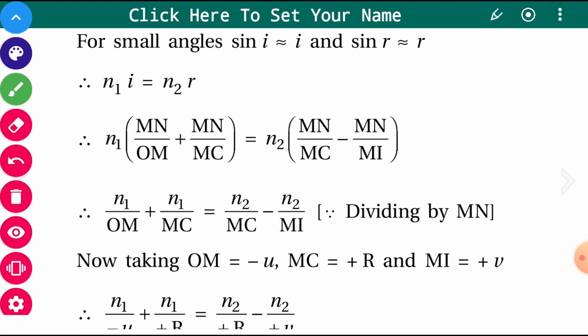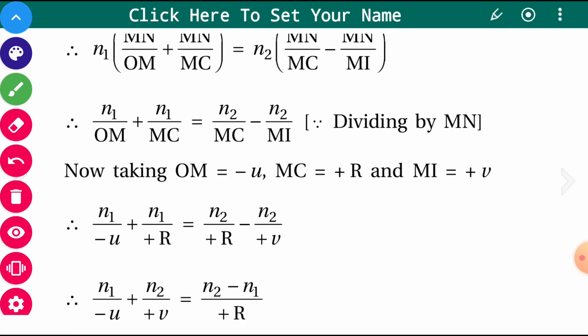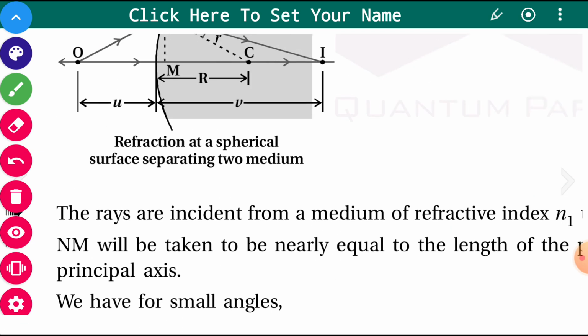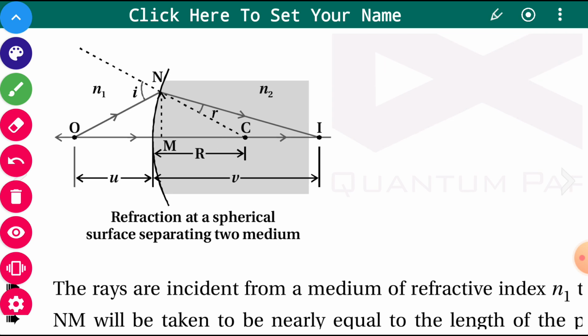So this is very easy. Now these values of OM, you can see in the figure. OM is nothing but object distance, it is on the left hand side, so it is written as minus u. CM is the radius of curvature, and MI is the image distance. Here O to M is the object distance, on the left hand side, so it is taken to be negative.